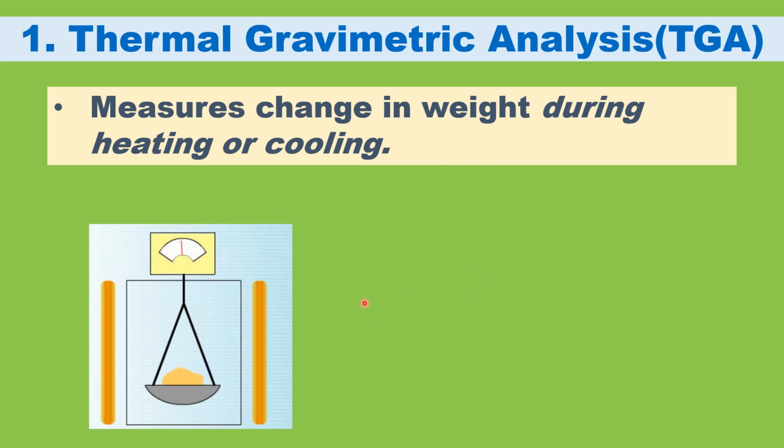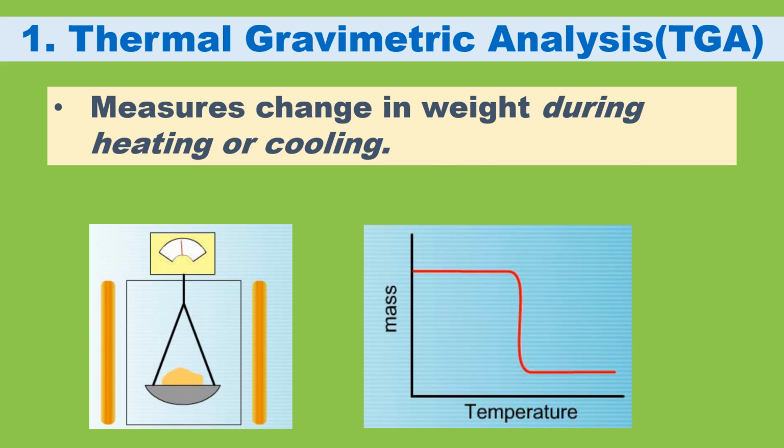Now we can plot mass of the sample as a function of temperature. This plot is called thermogram. What is thermogram? A plot of mass versus temperature is called thermogram.